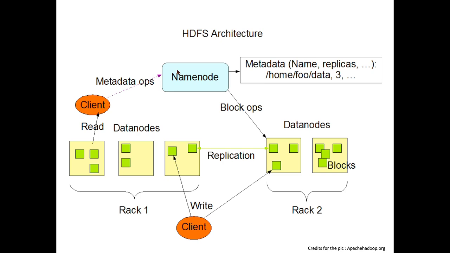And this name node stores metadata, that is information about file names, file permissions, directory structure, and most importantly, the block locations for each file. But here is the catch, it does not store the actual data. It just knows where the data blocks are stored.